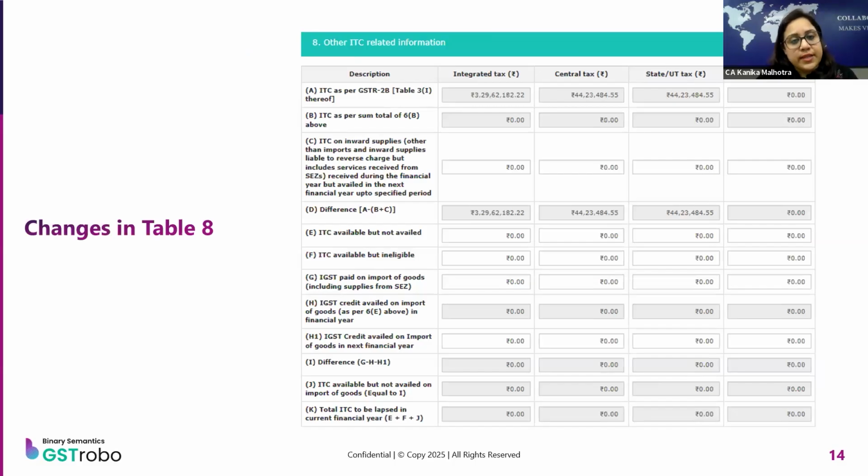This is basically the section where you need to report that if for 24-25 you have not been able to take some ITCs and you are going to take them in the next financial year, that is up to 30th November. So basically, in such cases, it includes only two types of ITCs. I'm just giving you a glimpse here because you need to reconnect it with the example in a better way. So basically, it contains those ITCs that have not been reclaimed at all.